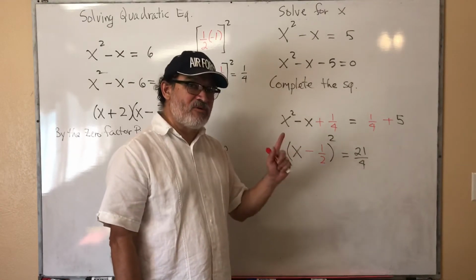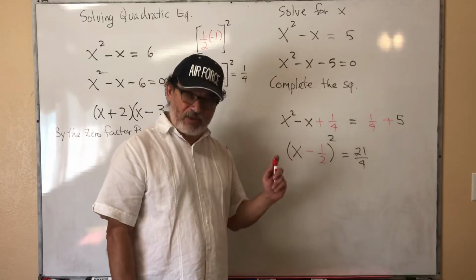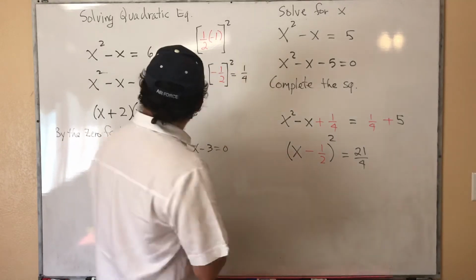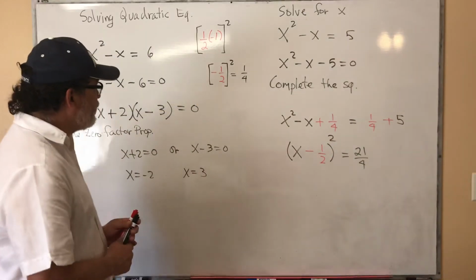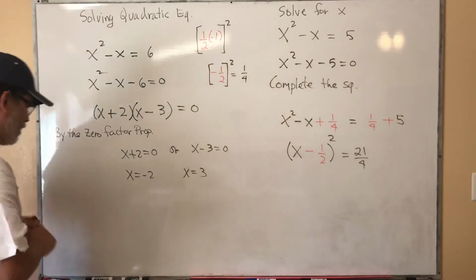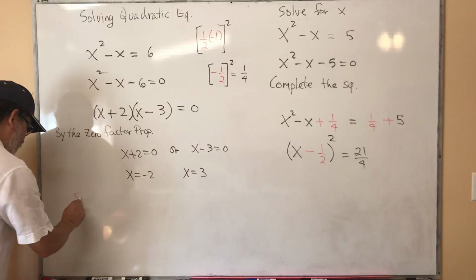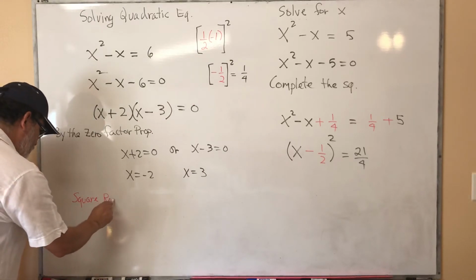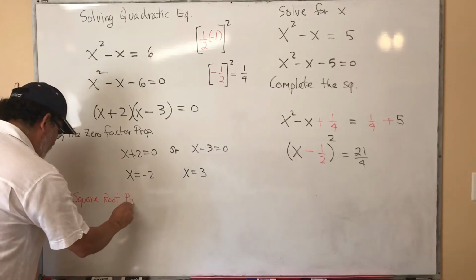Take the square root of both sides. We call this the square root property. The square root property says, here is the square root property, okay? I'm going to write it here. The square root property.